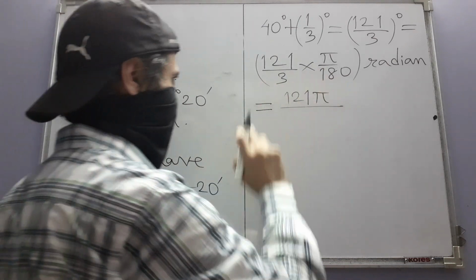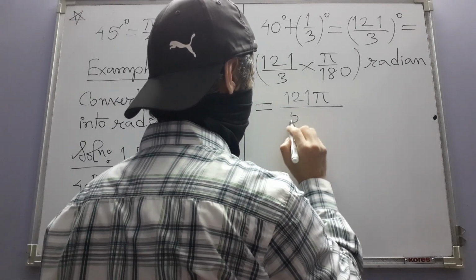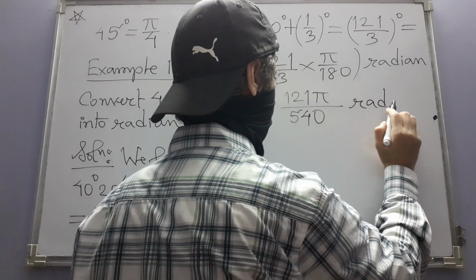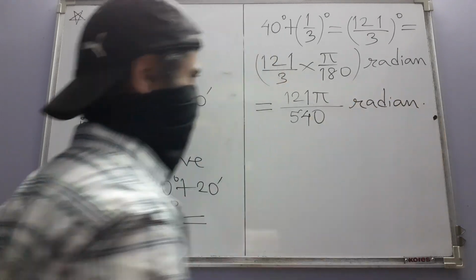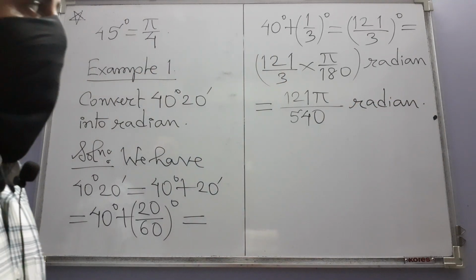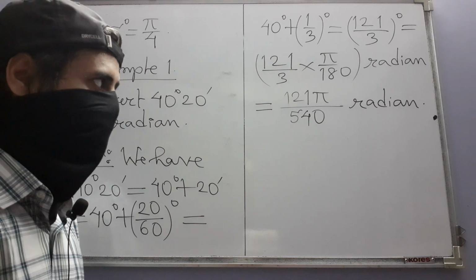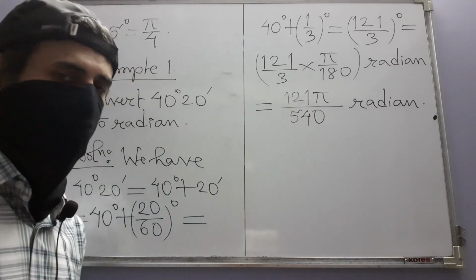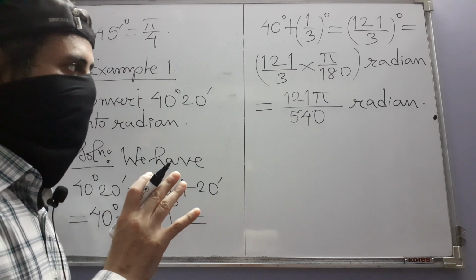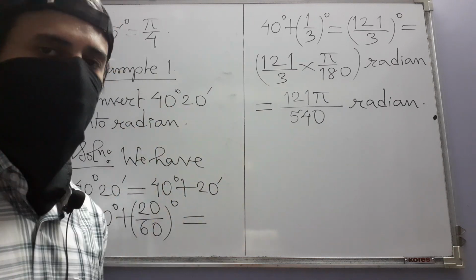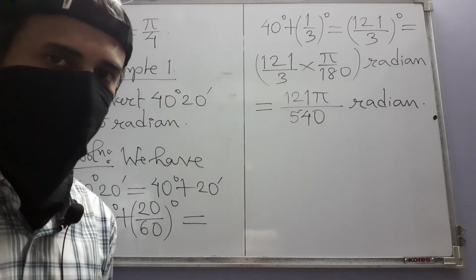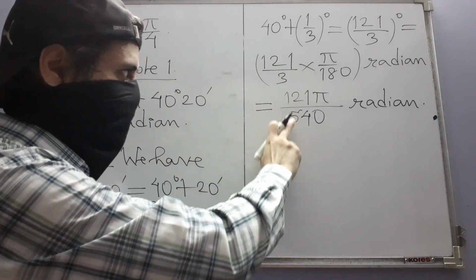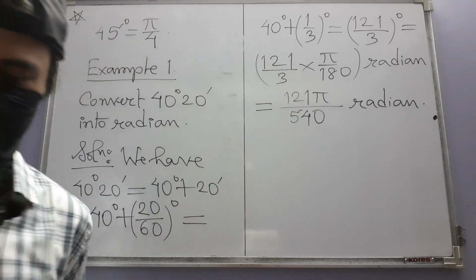So we simply multiply and get 121 pi over 540. If you want, you can use some approximation of pi to calculate a numerical value here, but usually we keep things like this. Whenever we encounter pi, we just keep pi as pi, and we do whatever else we can do with the rest.